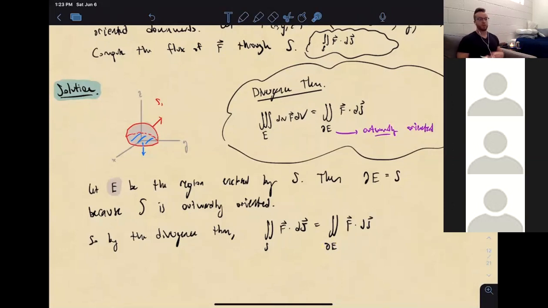So if it were inwardly oriented, in effect, you would just have to introduce a negative sign to account for that different orientation.